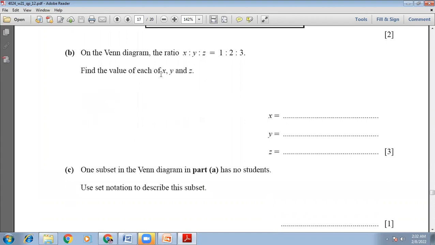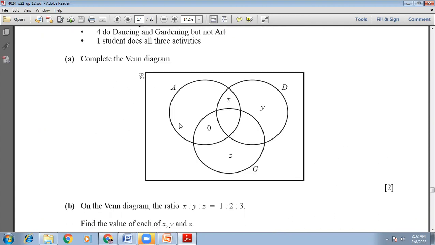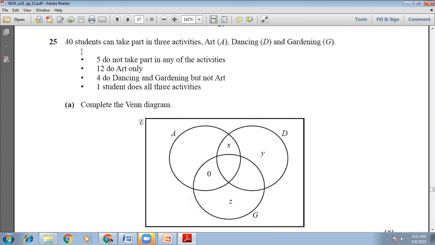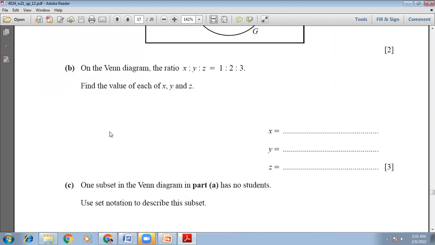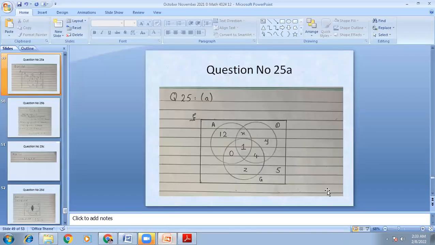Find the value of each of X, Y, and Z. So there are 40 students, and we can add all the numbers here and write them equal to 40. So we know the total, and very easily we can find this. Yes, let me show the solution.